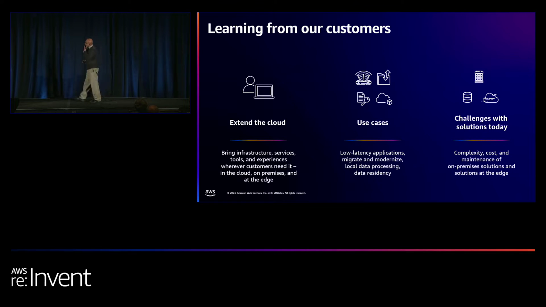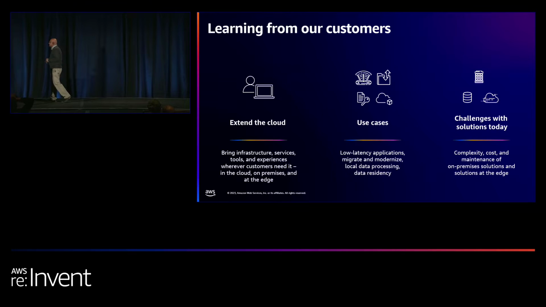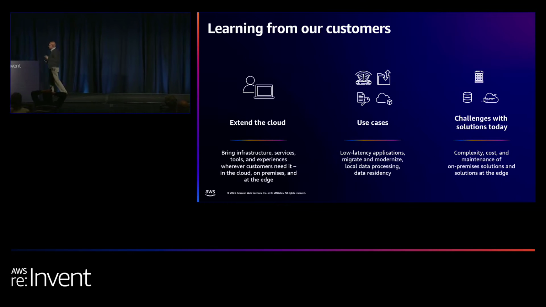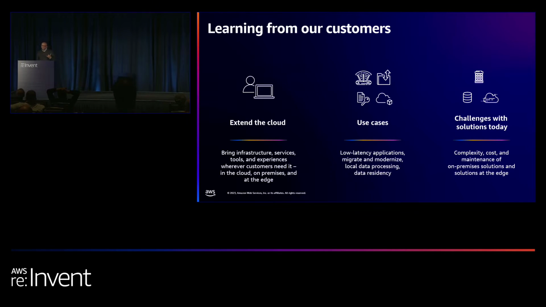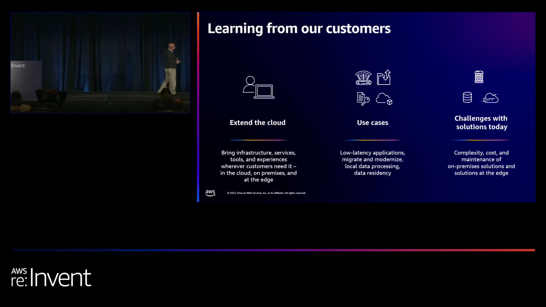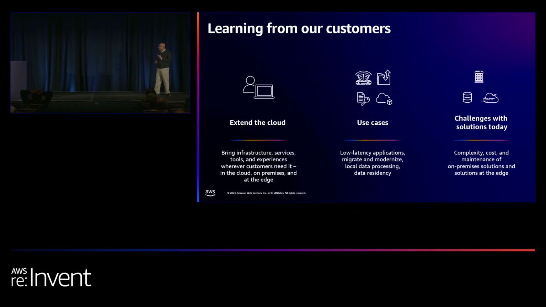The second thing is the use cases driving these edge applications, and there are four. One is low latency, because some of these edge applications are deployed at the edge. They're collecting a lot of data, and there's a need to react in real time and process the data. Second, there's a need to migrate and modernize from your traditional on-premises infrastructure.